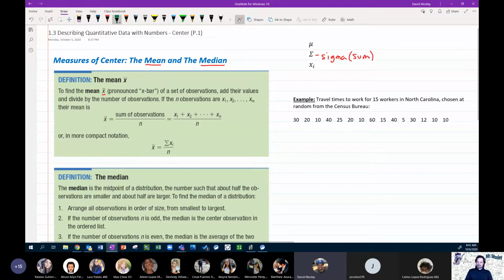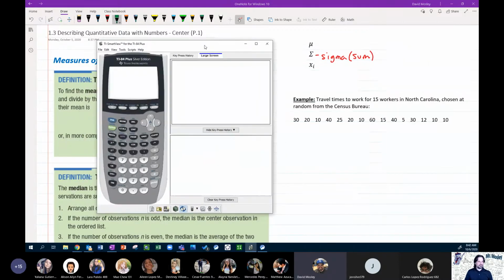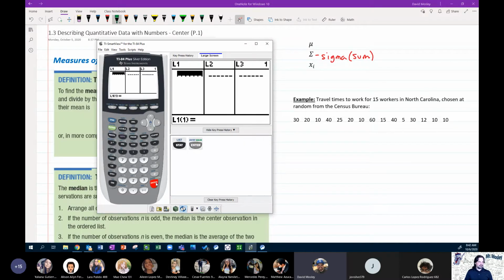We're going to do this the relatively fast way, using our graphing calculator. We're going to put these into a list rather than adding them all up and not being able to do anything else with them later.